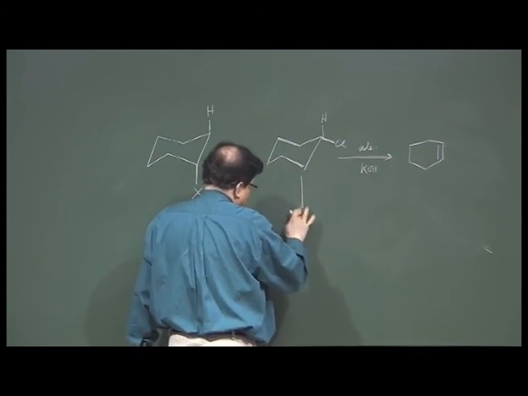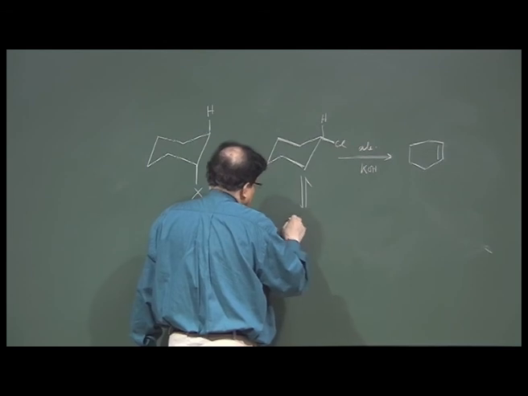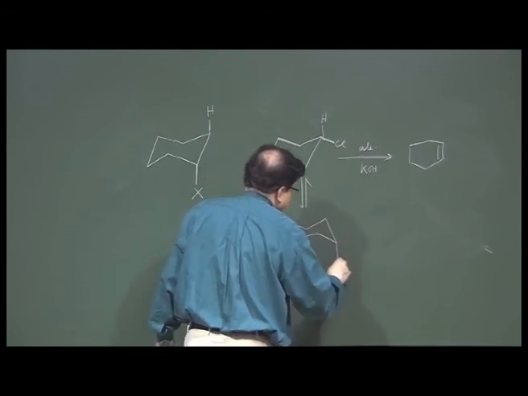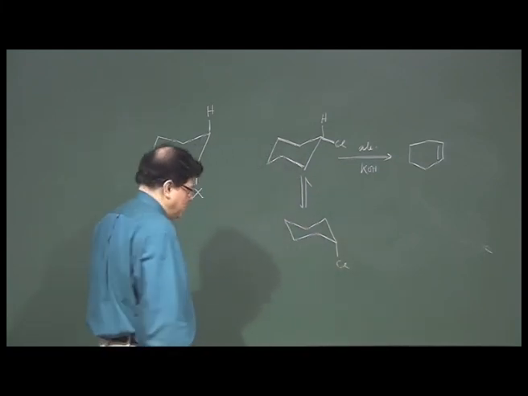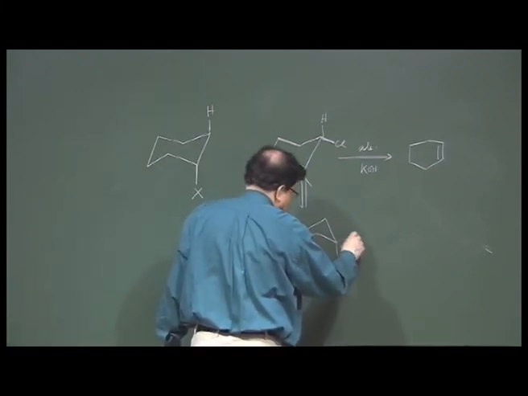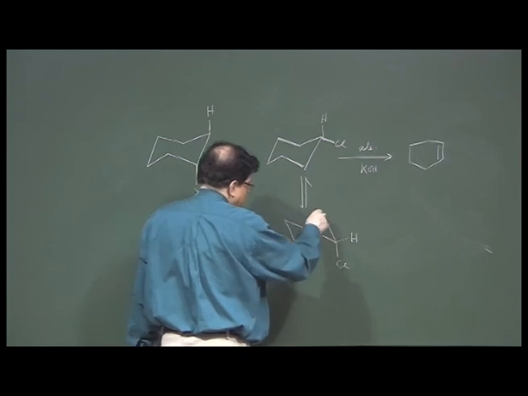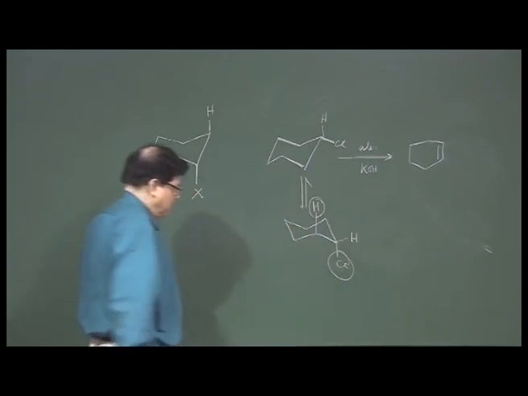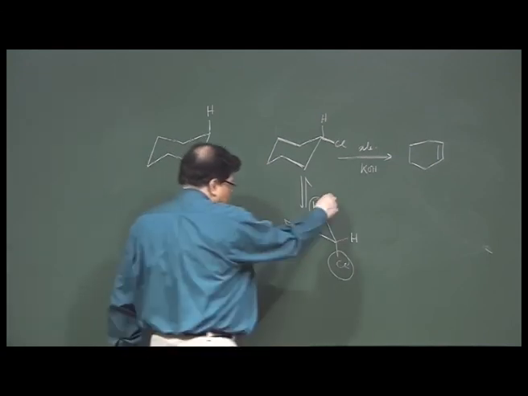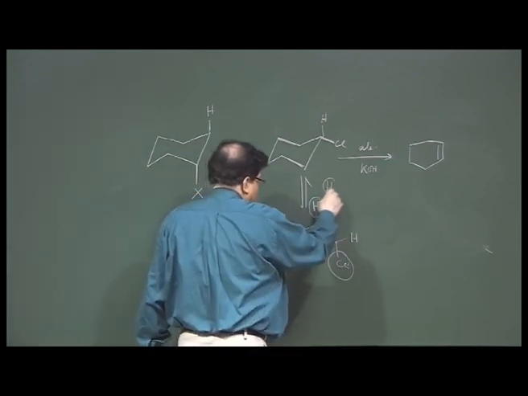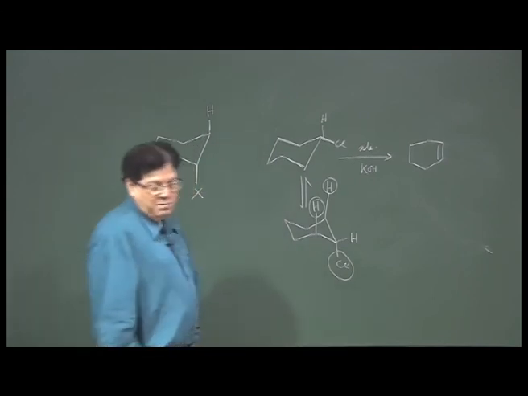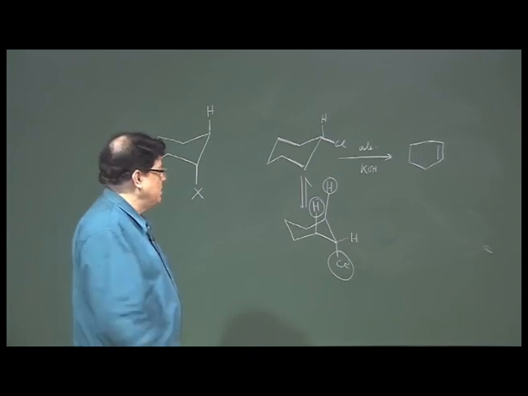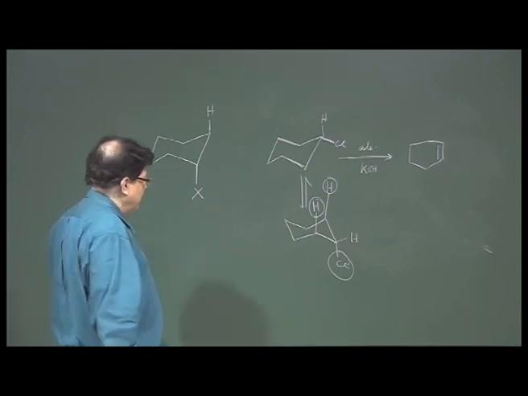If you force it, this conformation can flip and the chlorine can go into the axial position, but that requires a little bit of energy, so under forcing conditions you get this diaxial arrangement. In fact, you have two hydrogens which are diaxial to this chlorine. These are the important issues to consider when looking at elimination in cyclohexane systems.